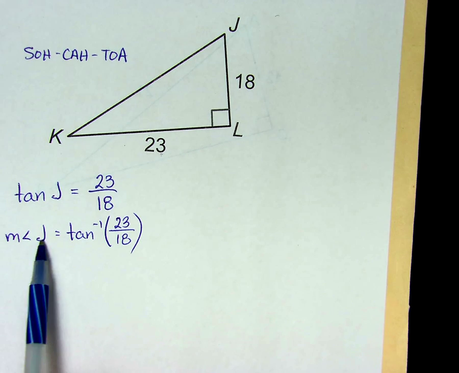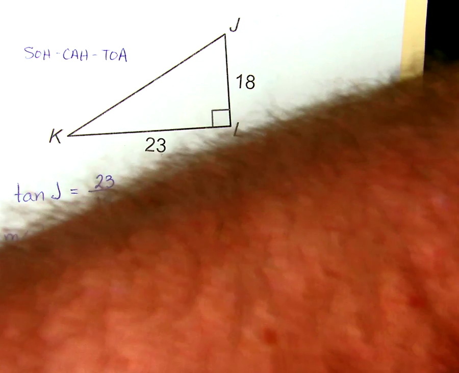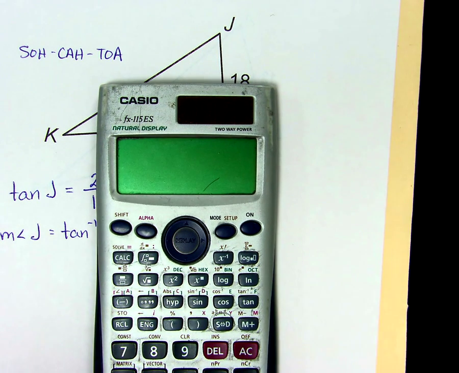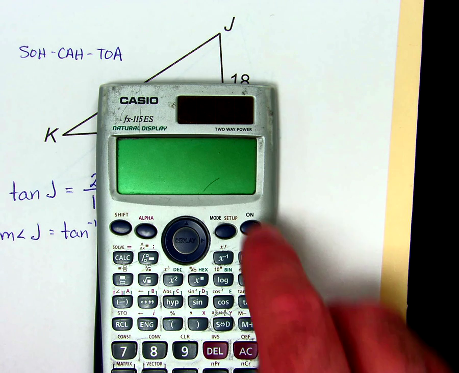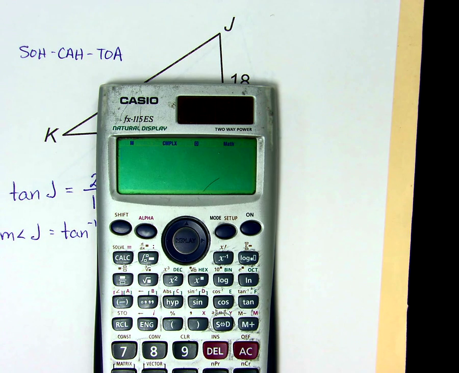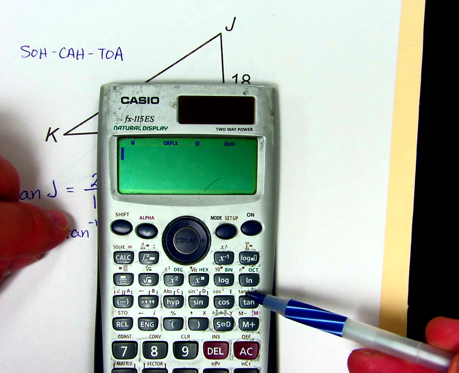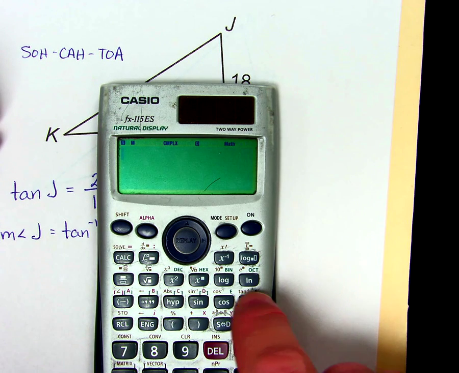Now that I've solved for the measure of angle J, I can use my calculator. I think I've used this one for a while. So turn it on. And this one does show me the order of operations. D is up there for degrees. Shift tangent gets me the inverse tangent.